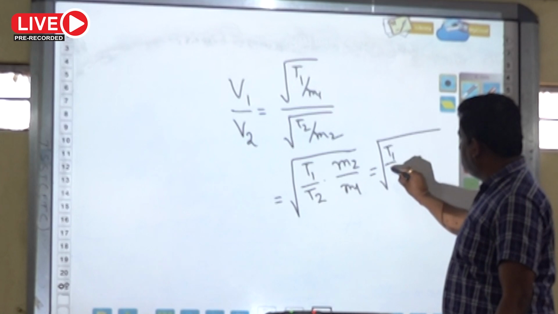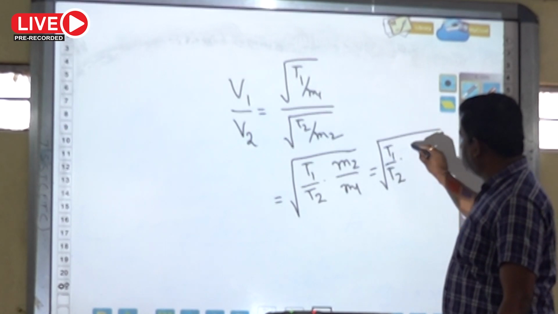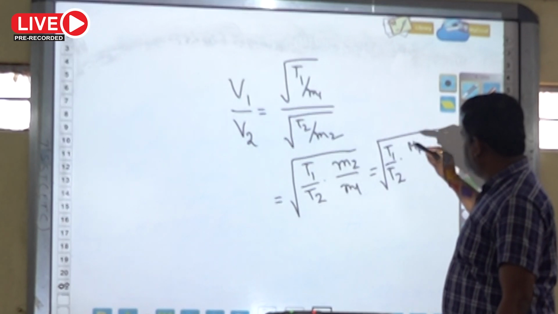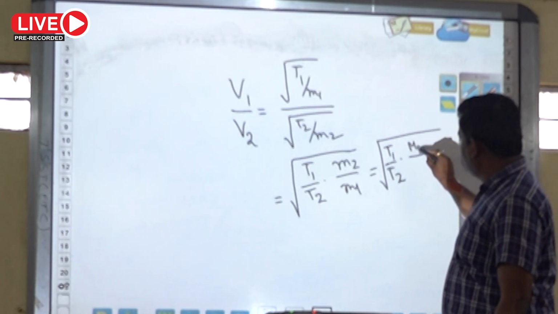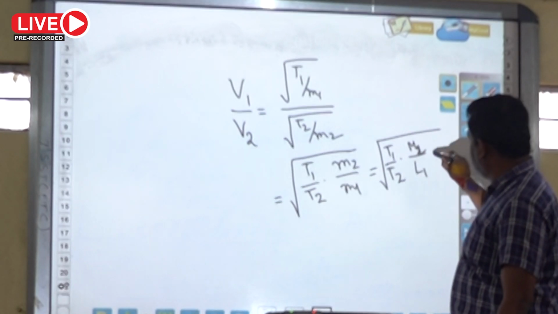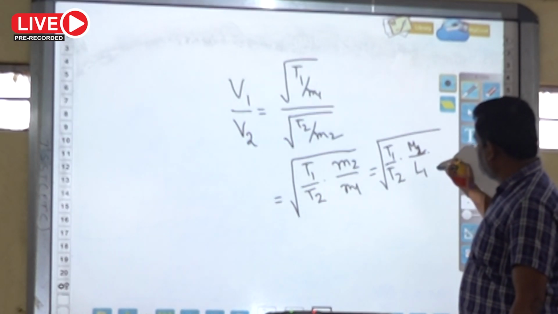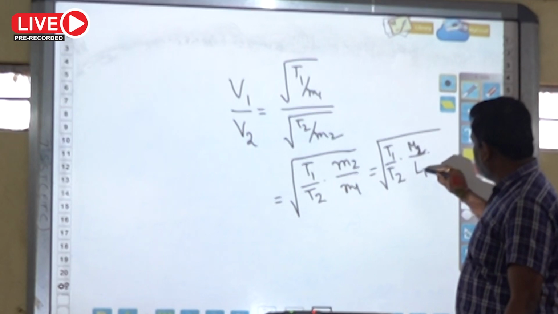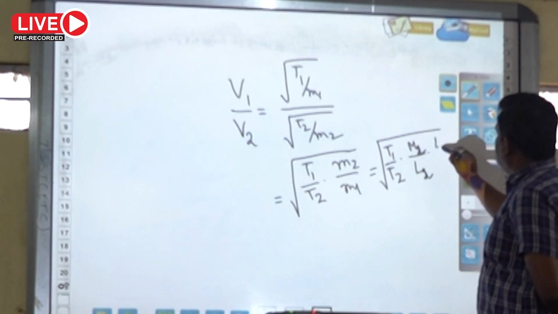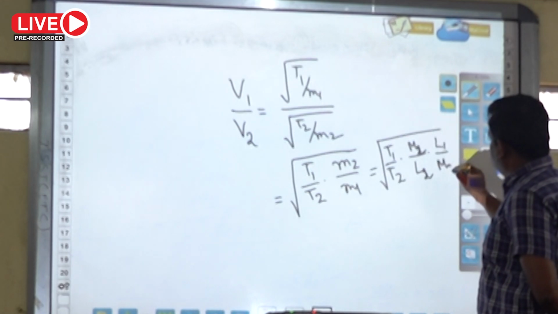So m2 is mass M2 by length L2, and m1 is mass M1 by length L1, so it becomes L1 by M1 and M2 by L2.